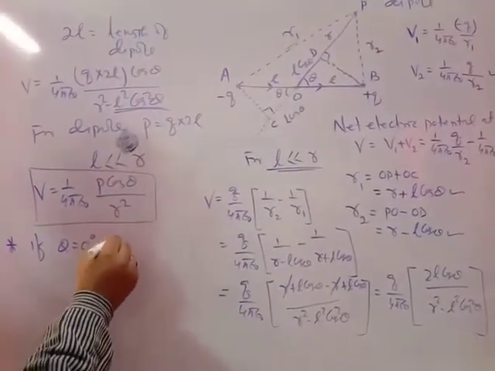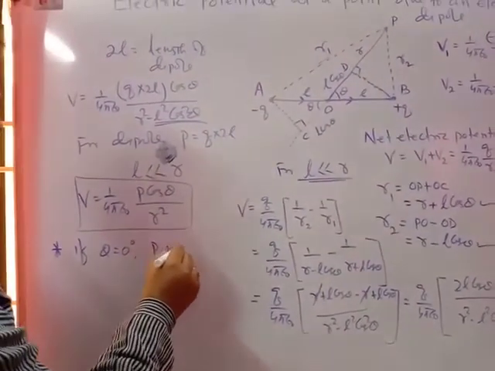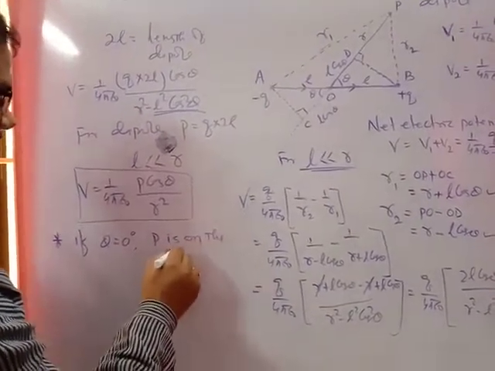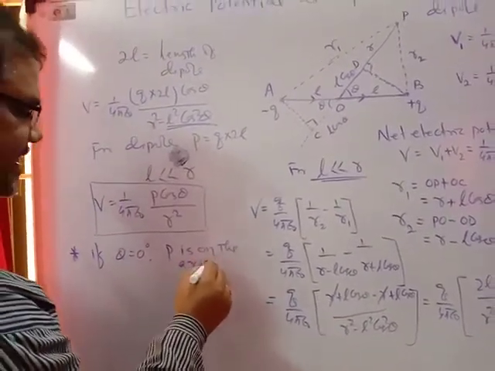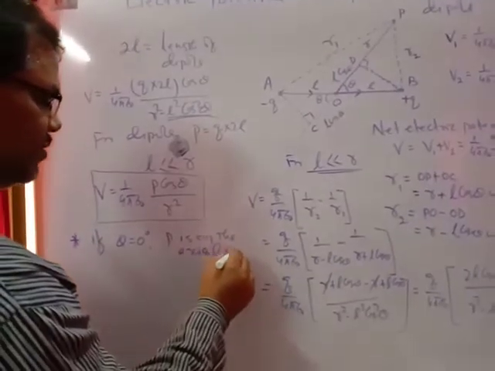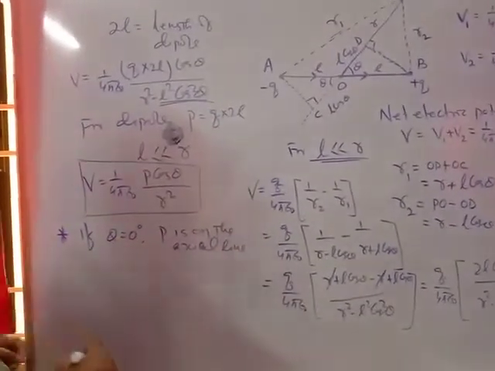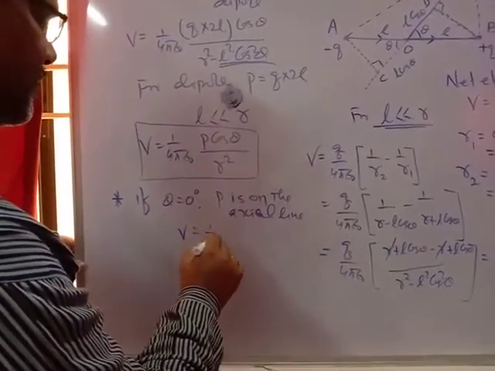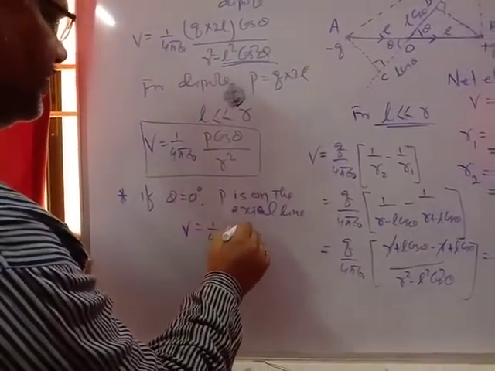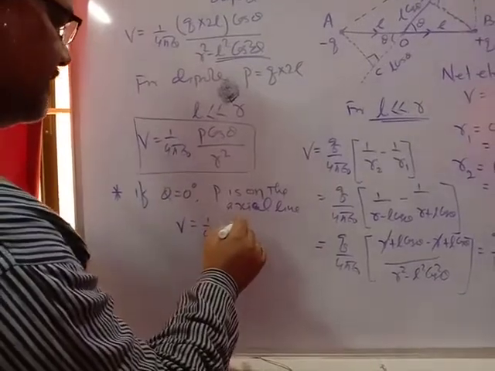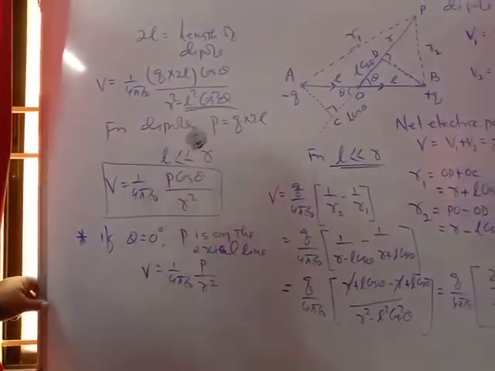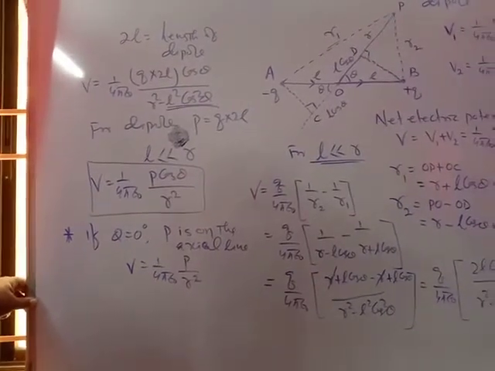That means point P is on the axial line. Theta equal to 0 means cos 0 will be 1, so V will be equal to 1 upon 4 pi epsilon naught P by R square. That is the electric potential on the axial line.